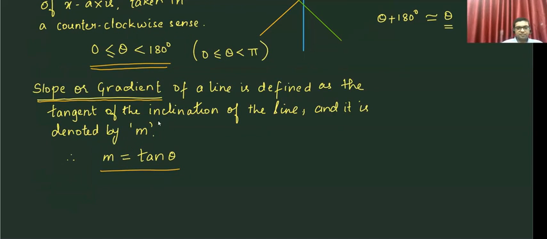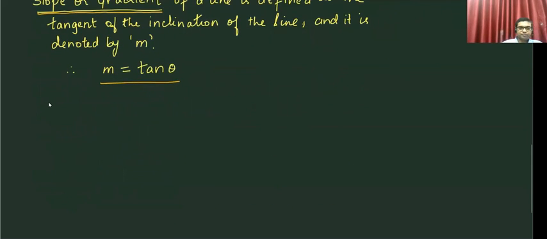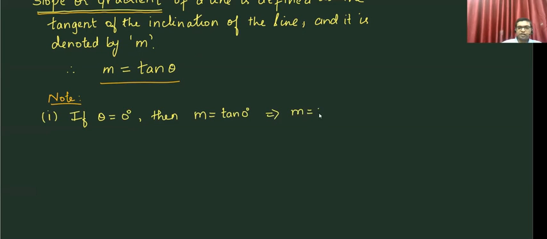Now, theta, so slope, when theta is acute, so note, first part: if theta equal to 0, then m is tan 0, which implies m is equal to 0.